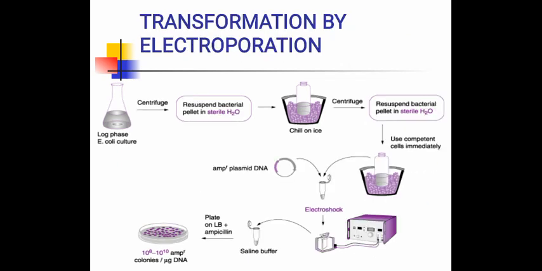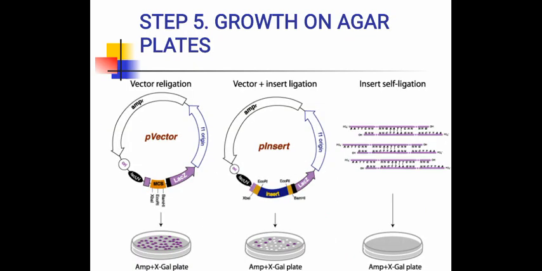Then the same diagram again. What happened? We gave heat shock earlier; now it is giving electric shock. But the remaining process is the same. Growth on agar plates: whatever bacteria we got, we transfer into an agar gel plate.